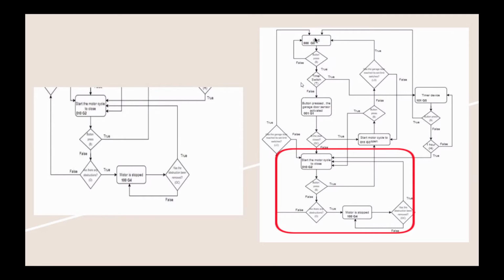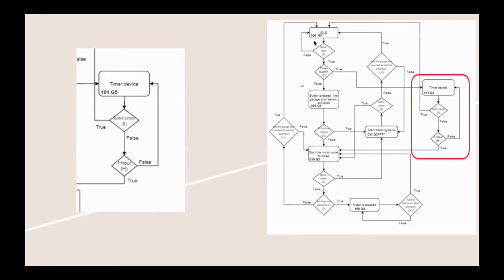So now let's say our garage door is already open. So let's say we went through the cycle here, and then we're at state 3, and then we open our garage door again, and then we are in idle. Okay, we'll move on to our next one, which is our timer device. So our garage door is already open, we are in idle, and our user sets our switch up to make sure it outputs true.